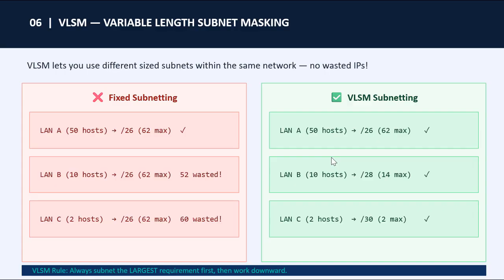LAN C gets /30, exactly 2 usable hosts for a point-to-point link, no wastage. The key rule for VLSM, always subnet the largest requirement first. Get that out of the way, and then carve up the remaining space for smaller subnets. So work from the biggest to the smallest.